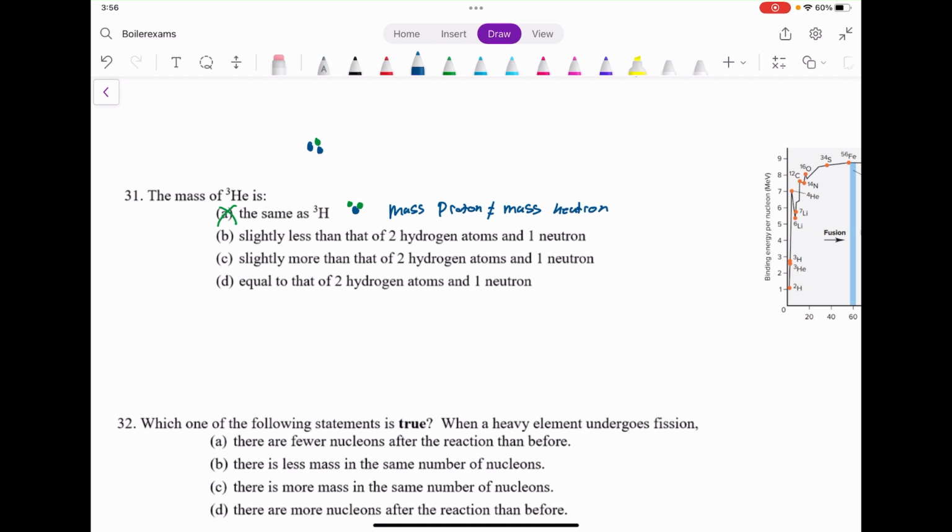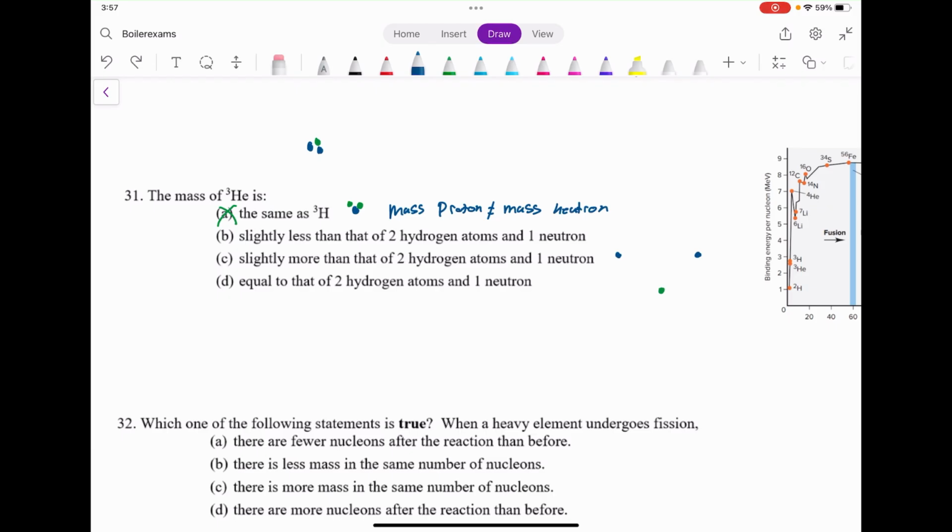And then let's see, B, C, and D all reference the 2 hydrogen atoms and 1 neutron. So let's see, a hydrogen atom is just a proton, and they're kind of separate like this. So I guess these bottom 3 choices are proposing it's the same amount of nucleons, 2 protons, 1 neutron, as the helium-3, but they're not bound together in one nucleus.